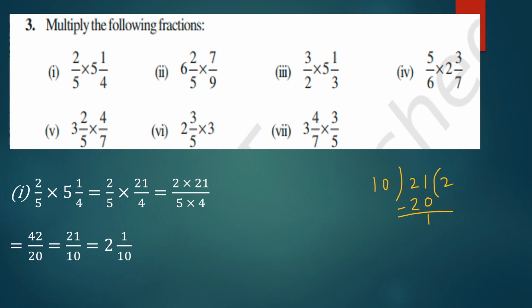Therefore next we have to multiply the numerator and denominator. 2 into 21 divided by 5 into 4, which is equal to 42 divided by 20. So here 2 21s are 42 and 2 10s are 20. Therefore the answer is 21 divided by 10. So this can be written as 2 1 by 10.